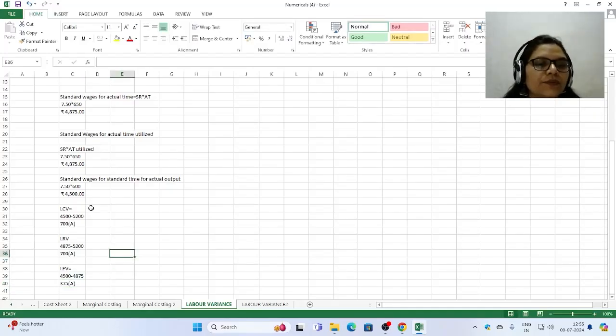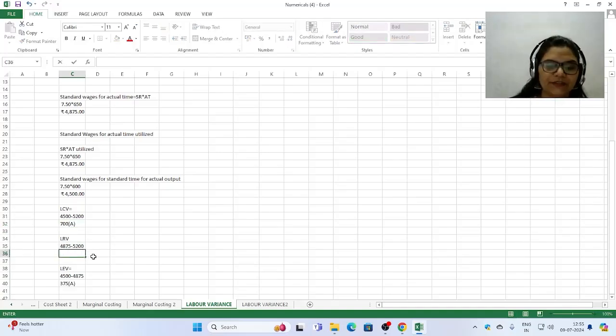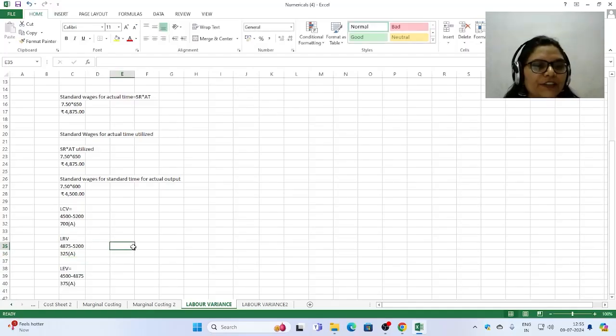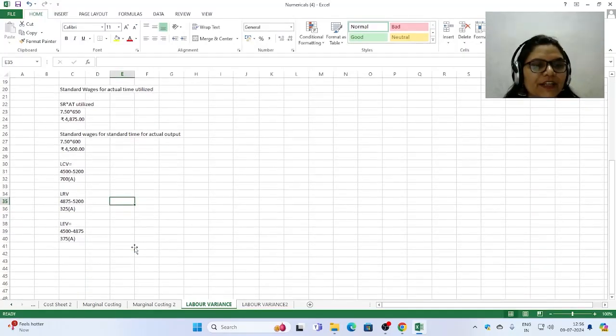So we have three kinds of variances. Labor rate variance is 4875 minus 5200, which gives you 325 adverse, and labor efficiency variance is 375 adverse.